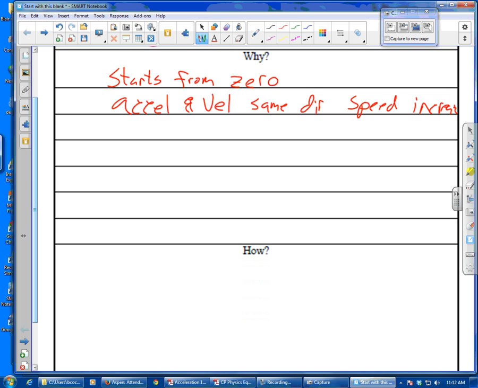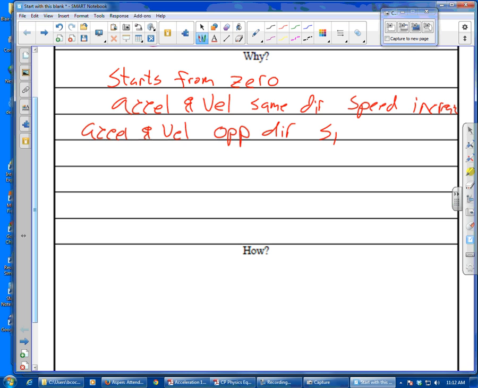What if the acceleration and velocity are in opposite directions? Like after she gets out of there. What if she's moving that way and she accelerates the opposite way? What does she do? Does she keep speeding up, or does she slow down? She slows down.